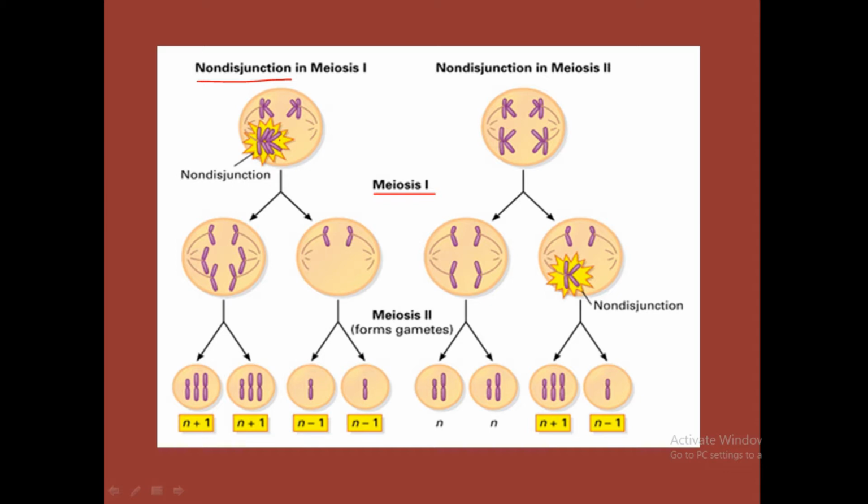Now, this non-disjunction happens in meiosis 1. So there is no separation of this homologous chromosome pair, but the other pair separates. After the division, we get this, and in this we get this. Now the gametes we get here are n plus 1.